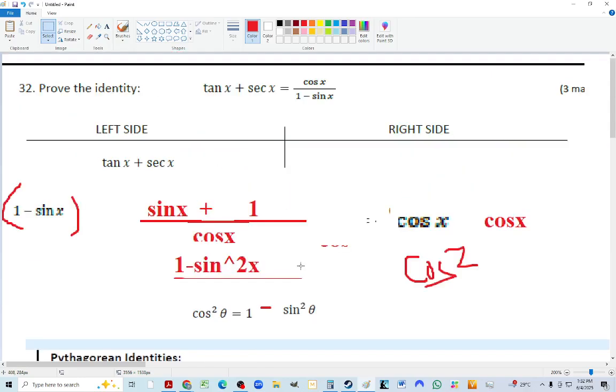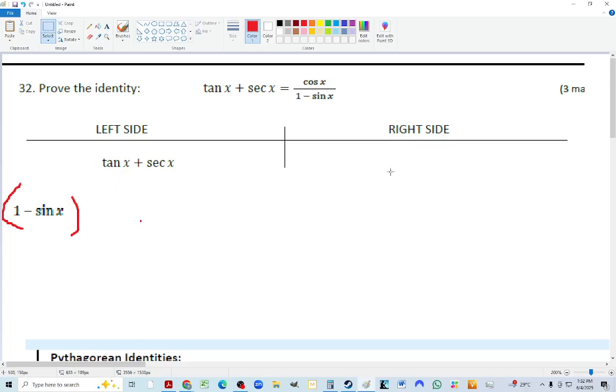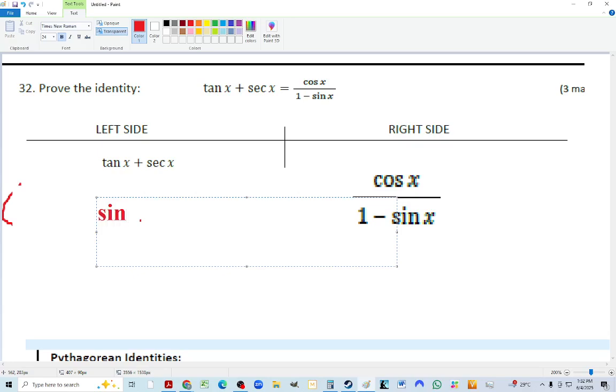Now, I don't know if your teacher's saying that you can't use left and right, that you've got to keep it all on the right. Some teachers do that, and it's kind of weird to me. But I mean, I could always do the same thing, right? I could always say, okay, well, it's still sine x plus 1 over cos x.